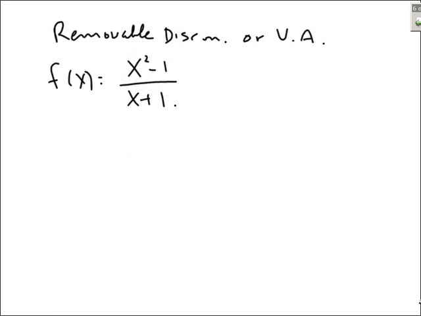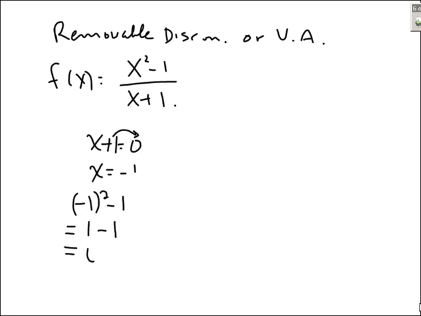Now, clearly, we want to see when the bottom is 0. The bottom is 0, bring the 1 over, is -1, when x is -1. Now, the question is, does it make the top 0? Is -1, is x squared minus 1. Well, that's 1 minus 1. Ah, that's 0. It made the top and bottom 0.